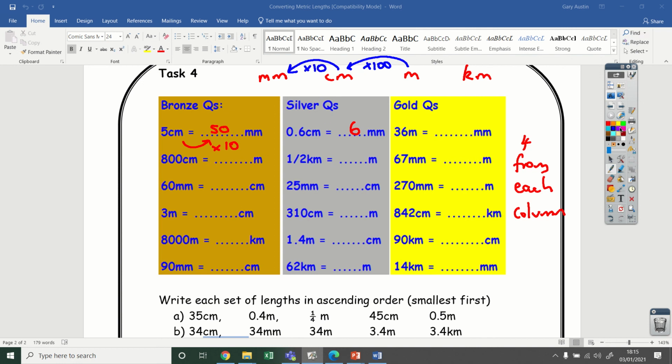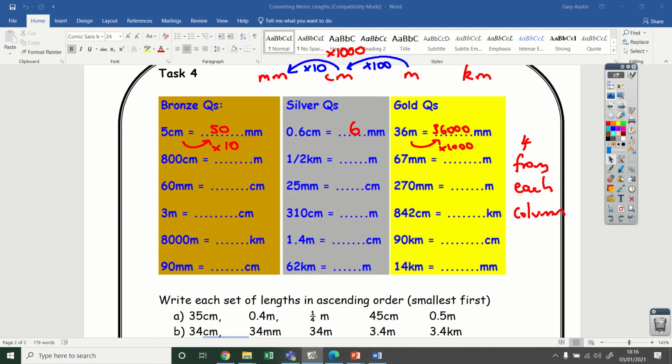If I combine those 2 changes, timesing by 100 and then timesing by 10 is the same as timesing by 1,000. So 1,000 lots of 36 gives me 36,000 millimetres. Okay, right, so 4 of these, 4 of these, 4 of these.